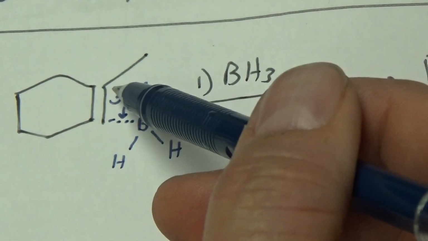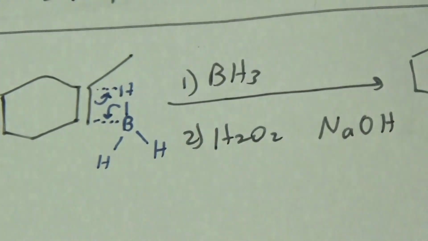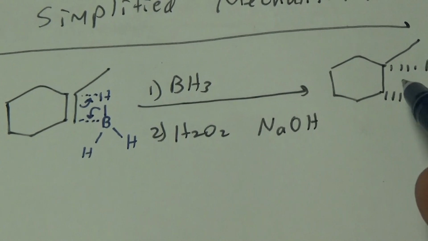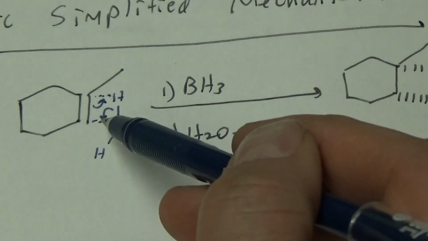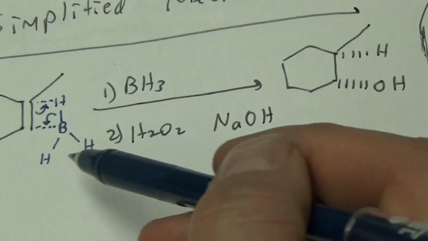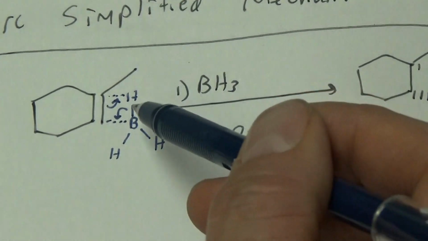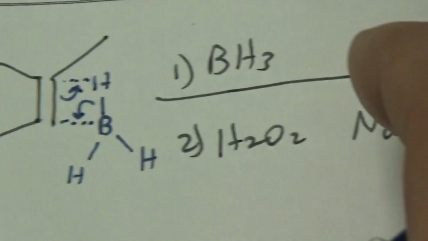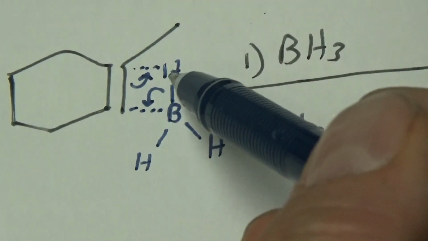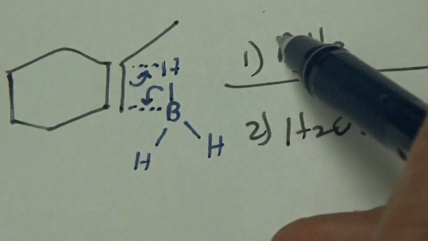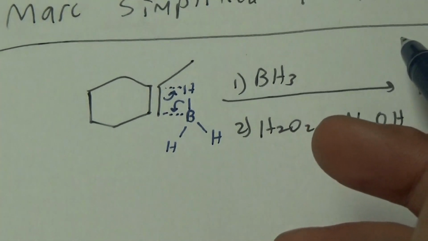So if the hydrogen is going away, then the boron's also going to be going away. We'll see the boron gets converted to the hydroxy group through another step, but the relative stereochemistry is the same. Alright? So the two things that are being added, in this case the hydrogen and the boron, are going to have the same stereochemistry. Alright, so what do we get?